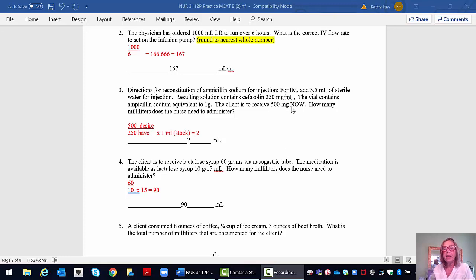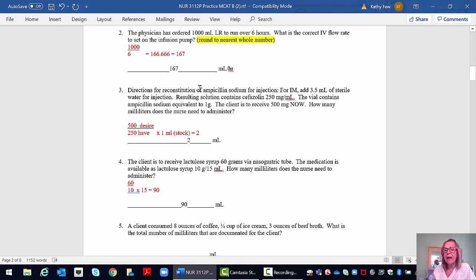Do you see that? 500 milligrams right here. And so you're going to put desire. Now, what do you have? What you have is 250. Right here. And the stock that goes with that is 1 mL. So it is your desire over have times stock. And that equals 2 mLs.